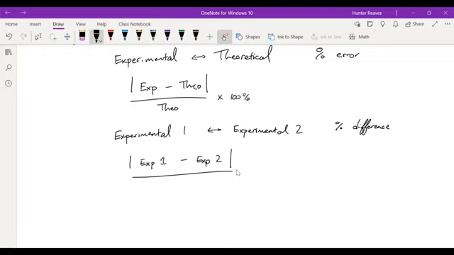So instead, you're just going to take the average of experimental 1 and 2, those two values. The average of those two is just you add them up and divide by 2, right? And then you multiply all of this by 100% to get your percent difference.